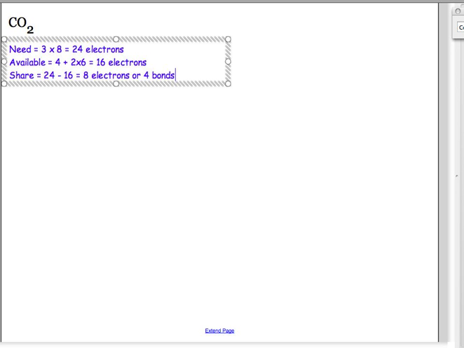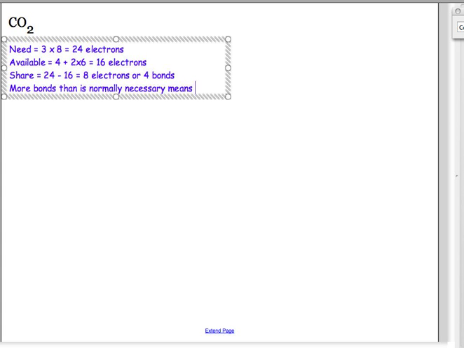or 4 bonds. Now this one's a little tricky because if you think about this, we don't have that many things to attach. So when you have more than you really need to attach things, this is going to indicate, I'll write that down, more bonds than is normally necessary means multiple bonds.